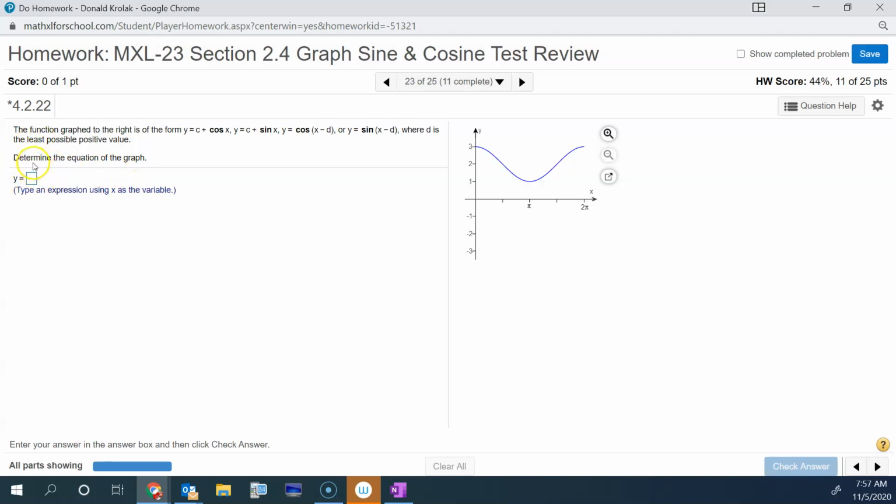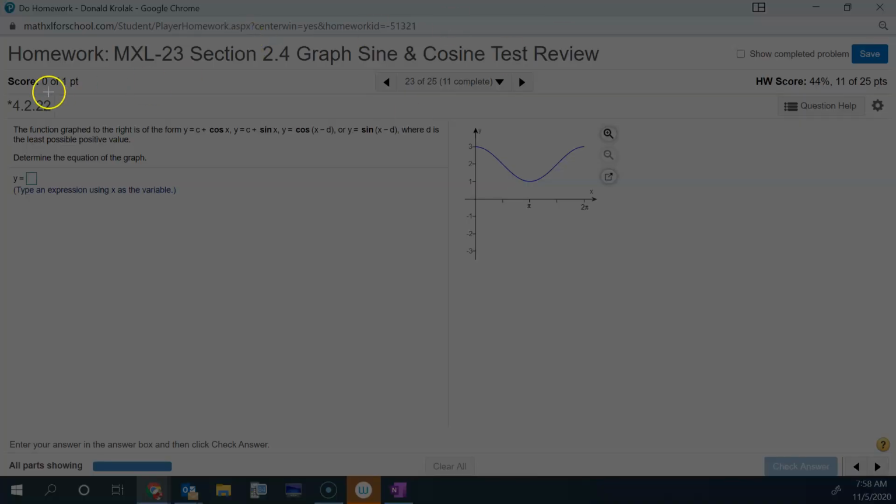All right. The function graph to the right is going to be c plus cosine x, c plus sine x, cosine x minus d, or sine x minus d. All right, so let's take a look at what this is.